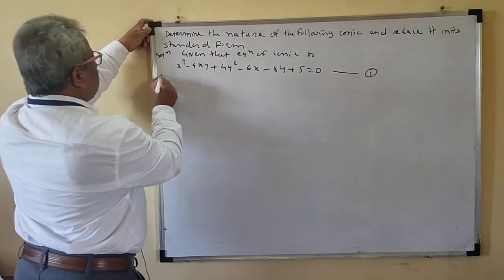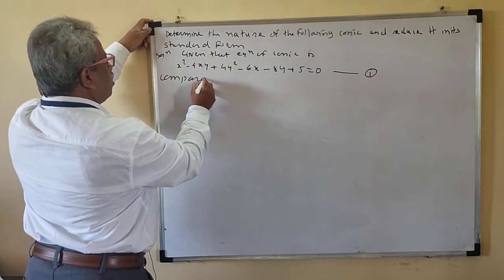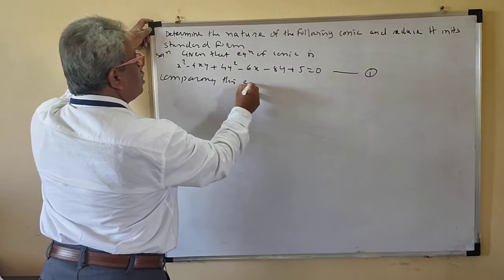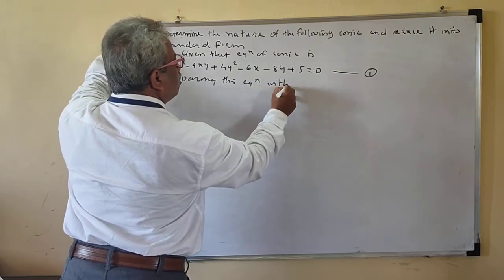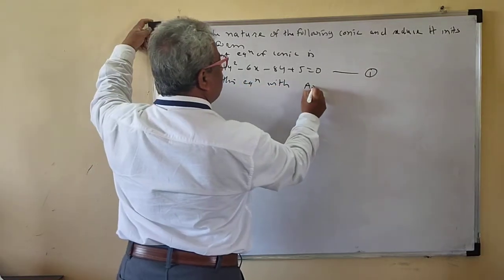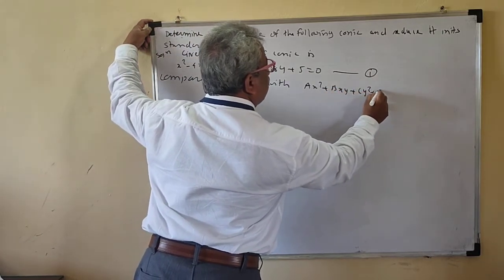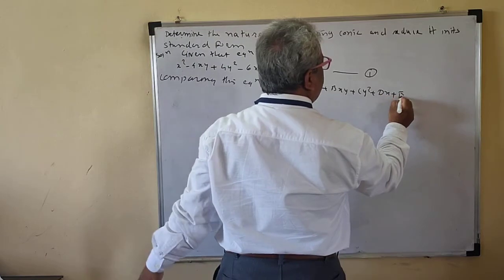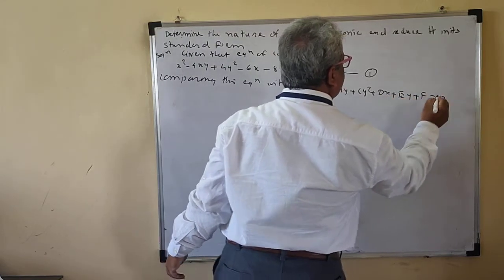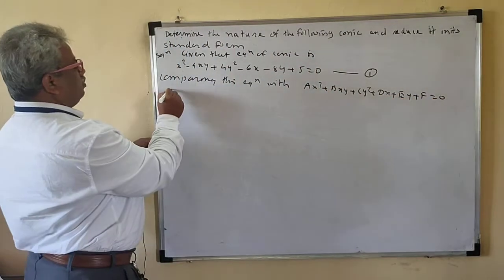Comparing this equation with ax square plus bxy plus cy square plus dx plus ey plus f is equal to 0.